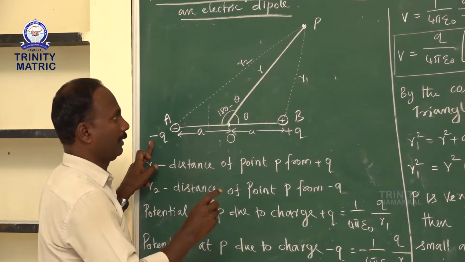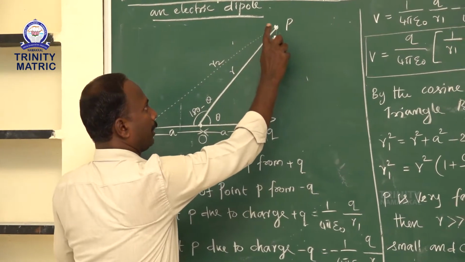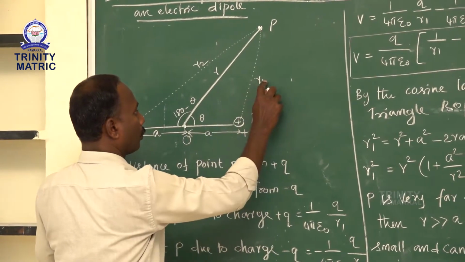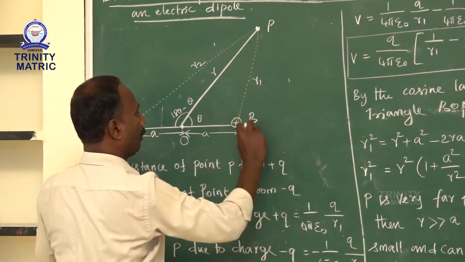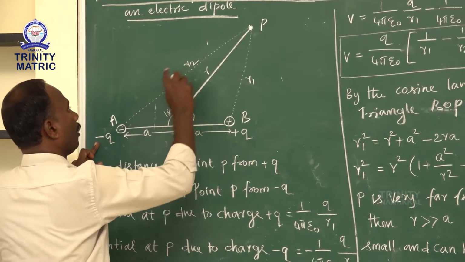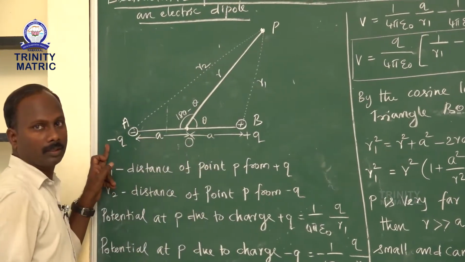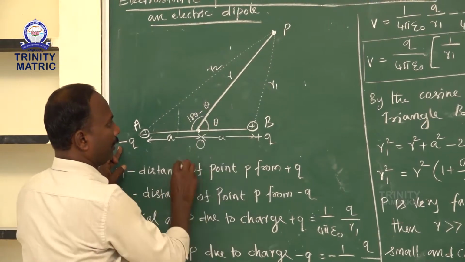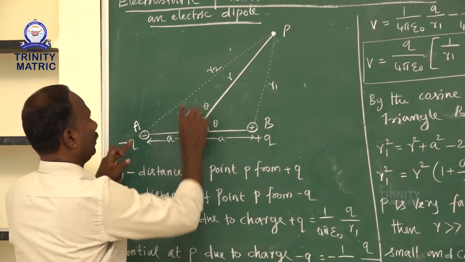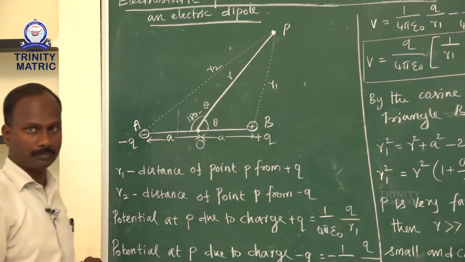Now we want to calculate the electric potential at a point P. The point P is at a distance R1 from B, or plus Q. The point P is at a distance R2 from A, or minus Q. The angle between BOP is theta, so the remaining angle AOP is 180 minus theta.